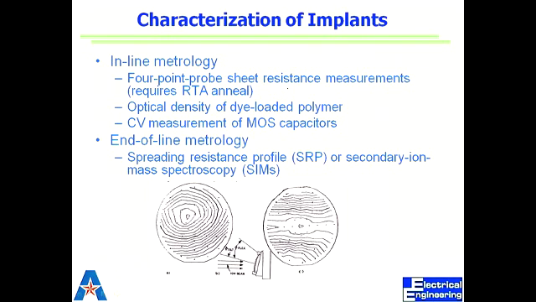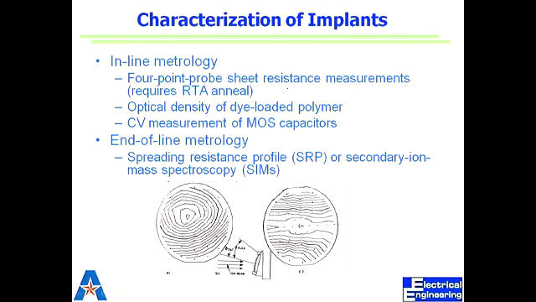Right? How do we measure? So inline metrology is a 4-point sheet resistance measurement, on a polymer where we can see changes as it gets implanted, right? Or a current voltage measurement of a capacitor made up on the substrate. So during the process, we can measure these things.